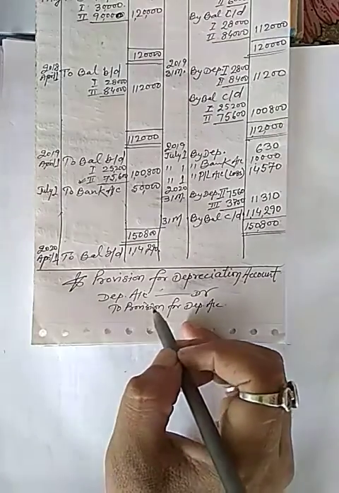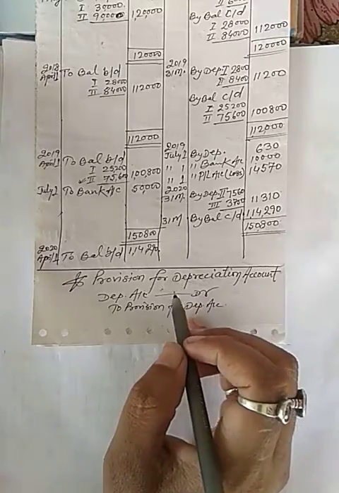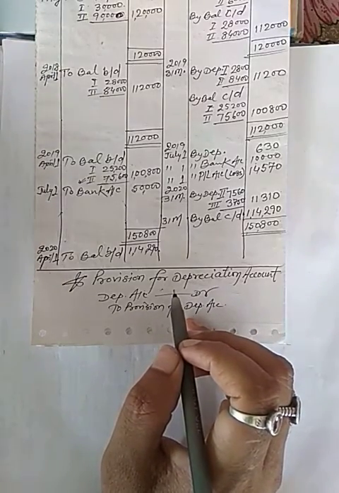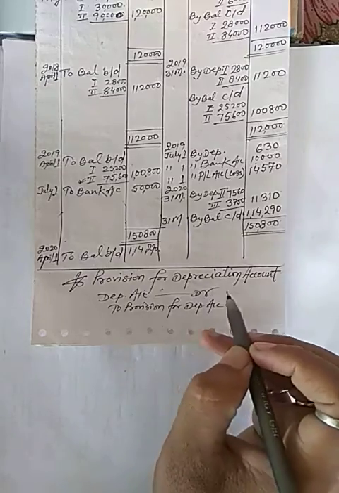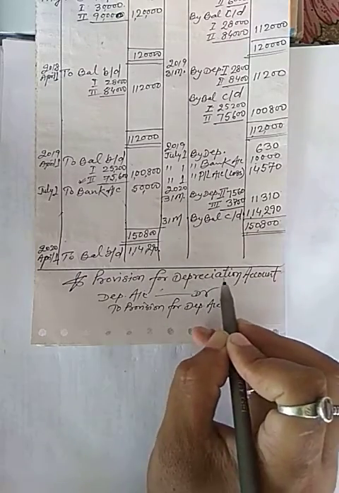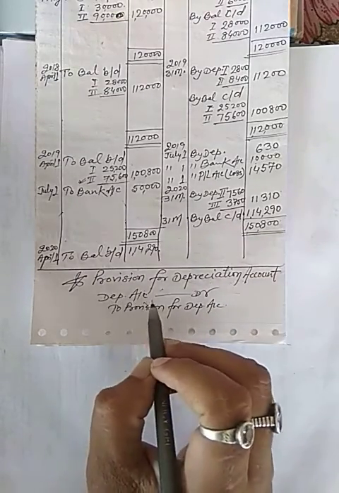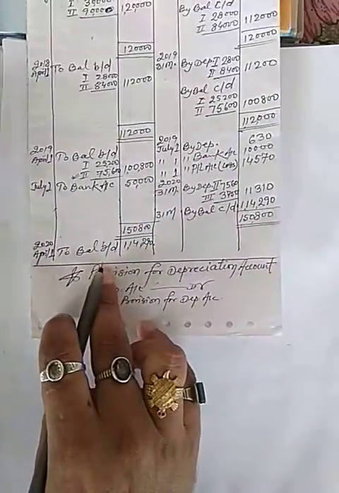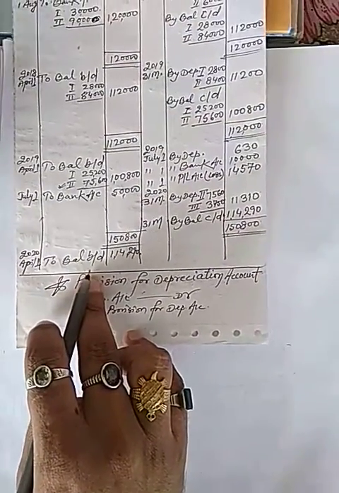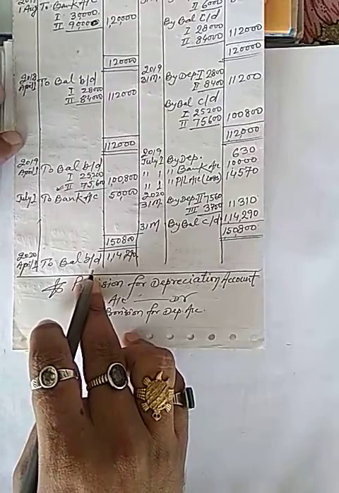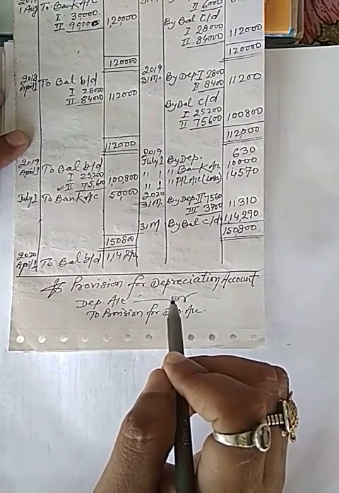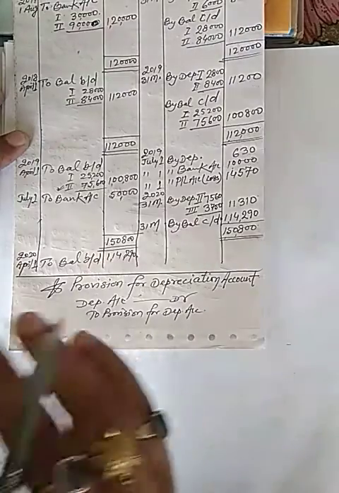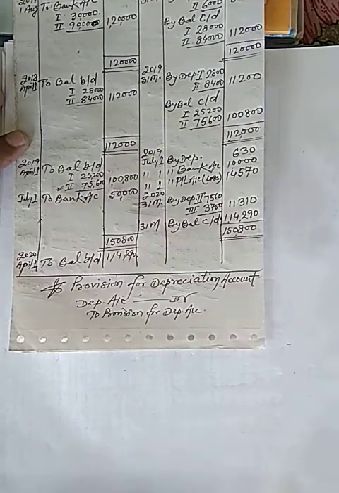Journal entry will be. Now student, accumulated depreciation account. This is the name of provision for depreciation account. We can also say accumulated depreciation account to provision for depreciation account.